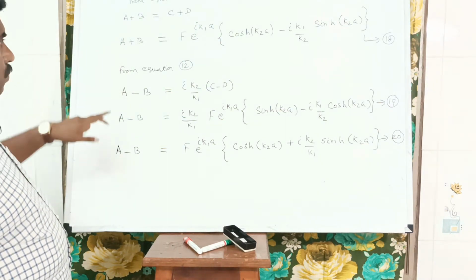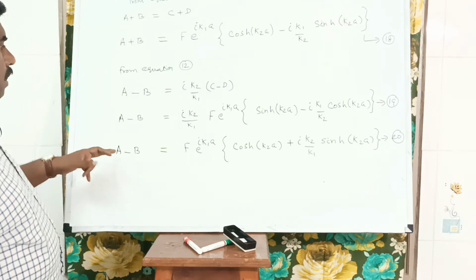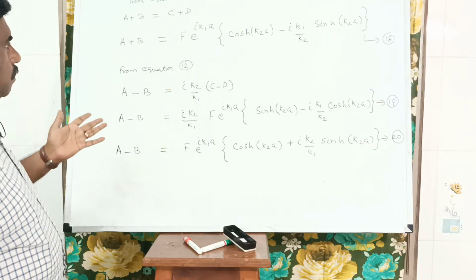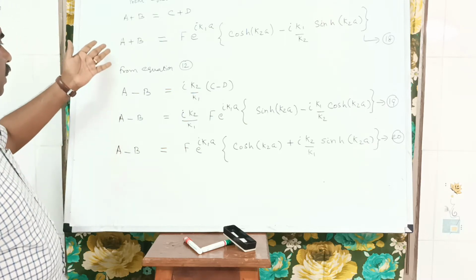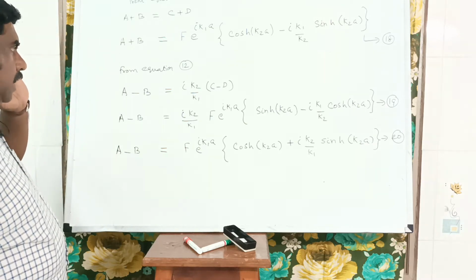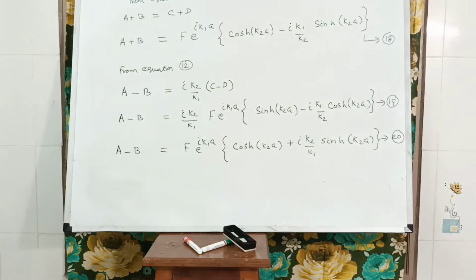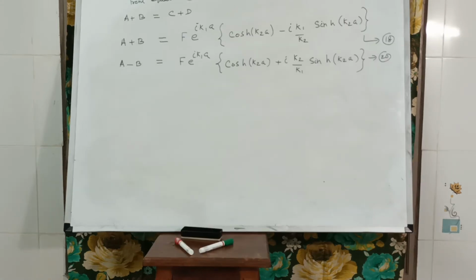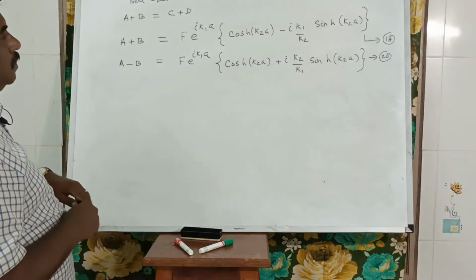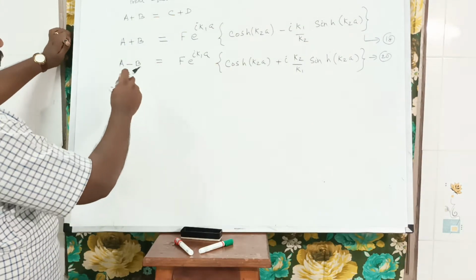If we add these two equations 18 and 20, we can get the value of A. If you subtract equation 20 from equation 18, we can get the value of B. Next we have to carry out that operation. Now to find the value of A, add equations 18 and 20.